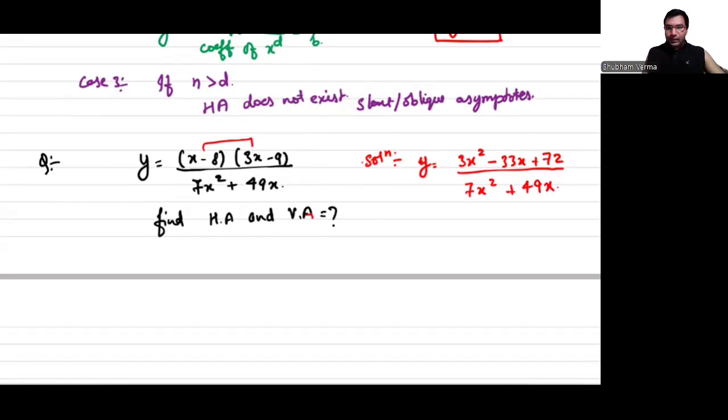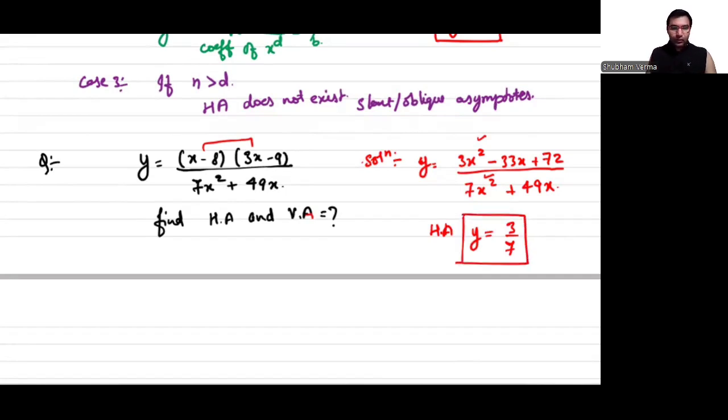Are you getting it? Now check the power of the leading term of the numerator and the denominator is the same, right? So what will be my horizontal asymptote? y equal to just divide the coefficients, coefficient of x square and coefficient of x square. This is my horizontal asymptote.